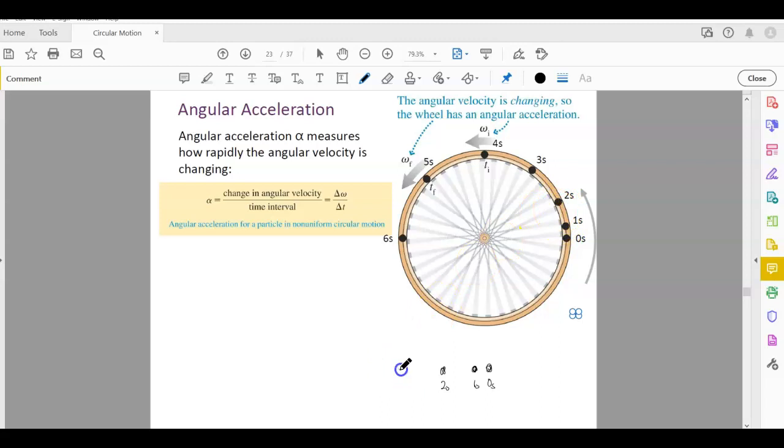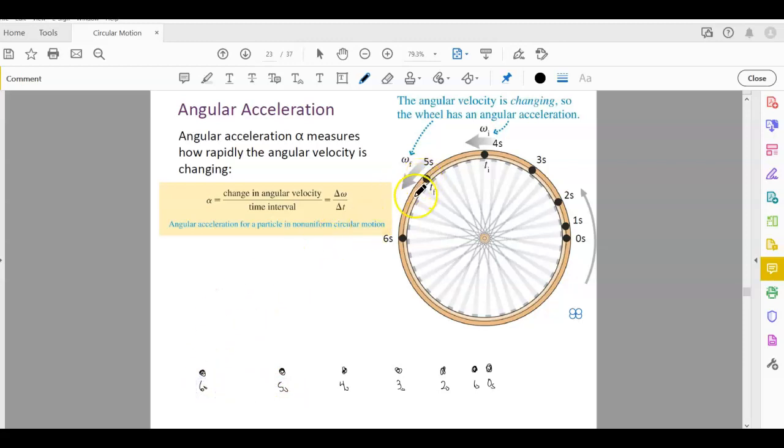And then 3 seconds. And 4 seconds seems to be just a squidge longer. And then 5 seconds seems just to be a squidge longer. And then 6 seconds looks like it's right there.